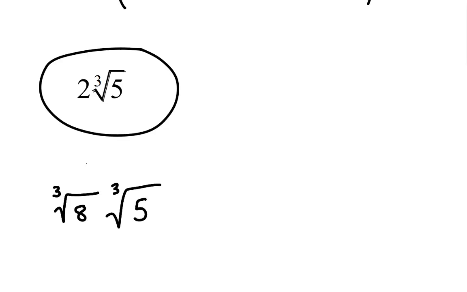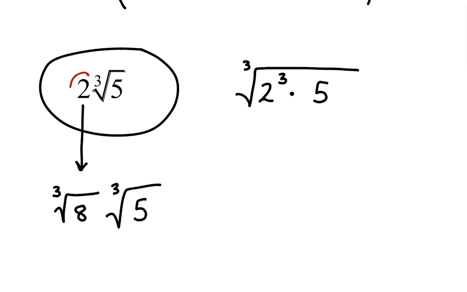How did I know it was 8? Well, I've been doing this a while and I've got that one memorized. But for you guys, you don't have that memorized. How do you know it's 8? Good. You can put the 2 cubed inside the radical house next to the 5. What would this 2 look like if I put it inside there? I would have to attach a power 3 because the cube root and the cube would undo each other.